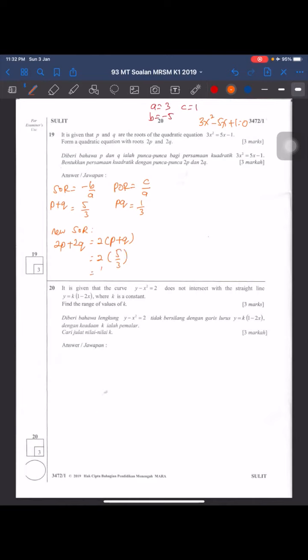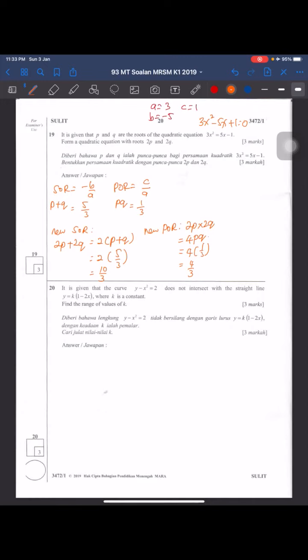So 5 times 2 is 10 over 3. So next, new product of roots. Okay, so 2p times 2q, so 4pq. 4pq is 1 over 3, so 4 over 3.